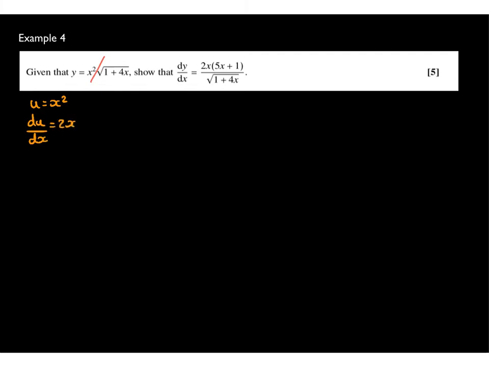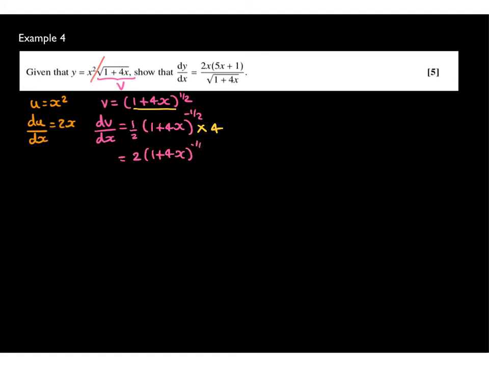And v is going to be this part here, which I will rewrite as 1 plus 4x to the power of a half. dv by dx we can then find. Now, we're going to have to use the quick chain rule. It's a power function. Multiply by the power of a half, reduce that power by 1 to negative a half, and multiply by the derivative of the inner function, which is 4. So this simplifies to 2, 1 plus 4x to the negative a half.